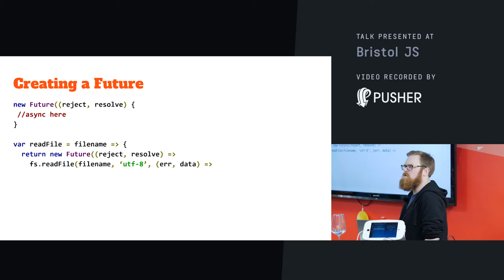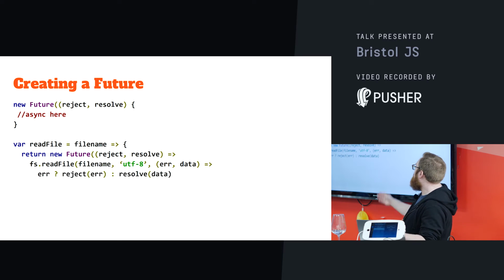If you don't know Node, I don't think it should be a big problem. I think the concept of reading a file from a hard drive should be pretty straightforward. UTF-8 is just the encoding, it's just something you need to provide. So it takes the file name, takes the encoding, it's got a Node style callback with error, data. If there's an error, I reject, providing that error. Elsewise, I resolve with the result. And then the rest is just boilerplate that we all know about.